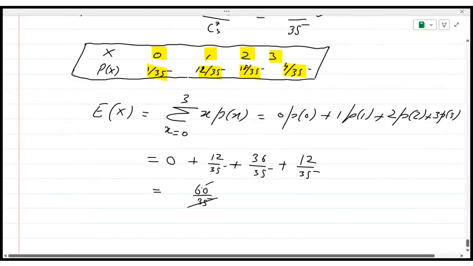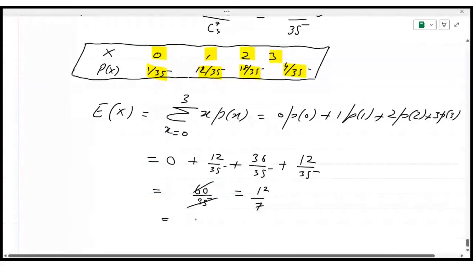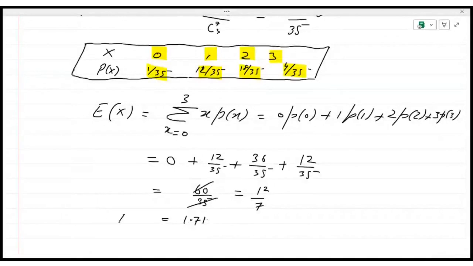So you can cancel it out to 12 by 7, or you will get 1.71. Okay. So this is the expected number of good components.